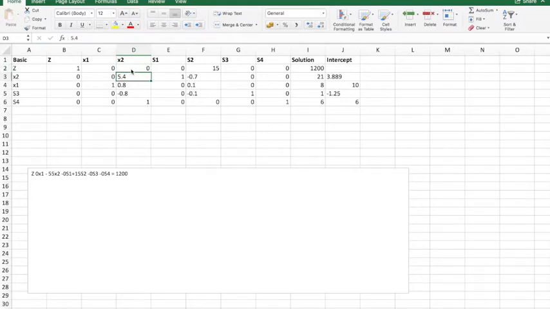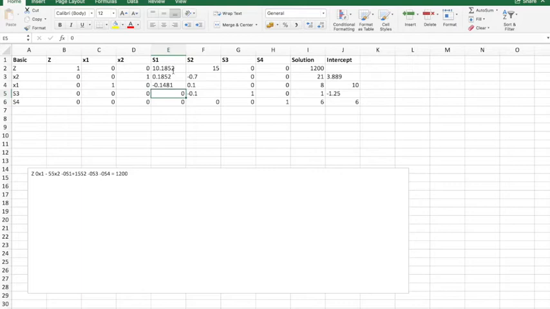So S2, this is S1, 0.1852. Okay, this becomes minus 0.1481.